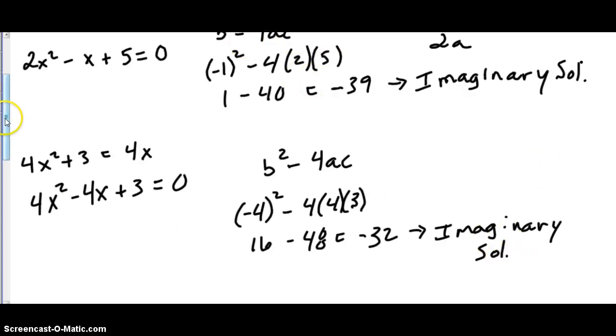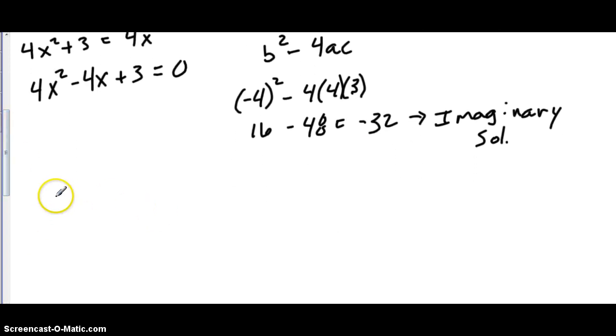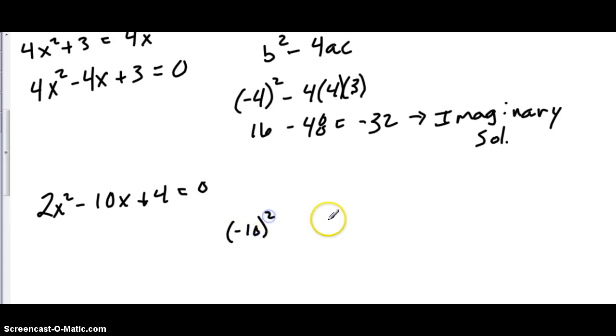Let's take a look at one that's going to have real solutions. Say, for example, we had 2x squared minus 10x plus 4, and use the discriminant b squared minus 4ac.